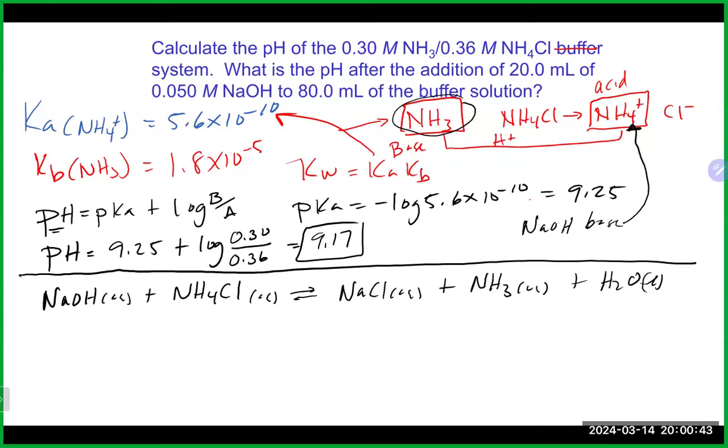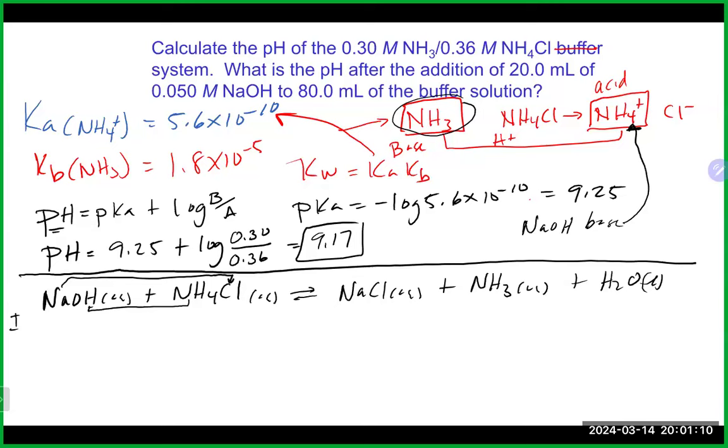If you leave the chloride out, you can if you want, but you actually get these three things. By the way, that's a double displacement reaction, where really the NH4 is going to be donating its H plus over to the OH part, and that's where we're going to get the water from.